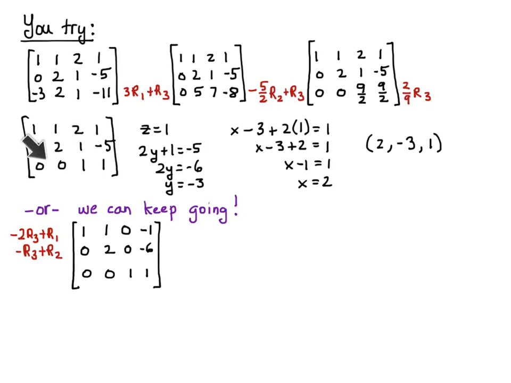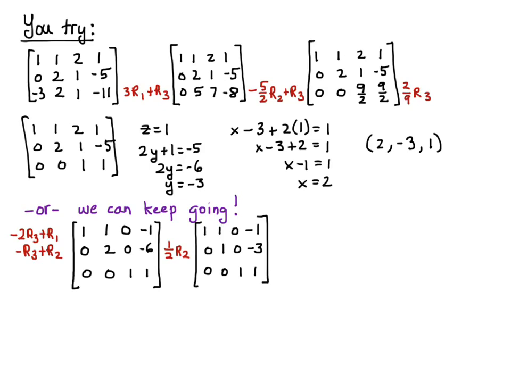Now notice the numbers that stay out here stay the same, because when I'm multiplying row 3 by whatever constant, I'm not changing row 1 or row 2 because I have 2 zeros here. So 0 times negative 2 is still 0, so it just keeps those unchanged. Now I have one more thing to do. Actually there's two things. I'm going to make this a 1, so I'm going to multiply this by 1/2, and I get 1/2 times 2, and 1/2 times negative 6 is negative 3.